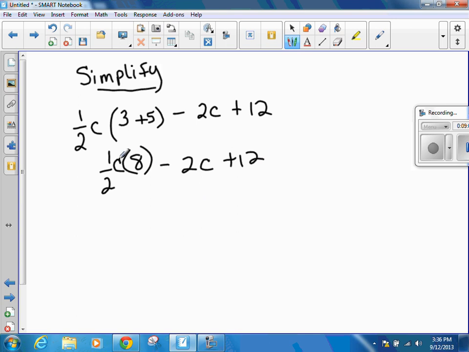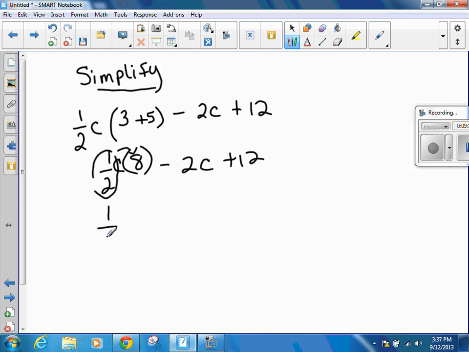I'm using my parentheses here to indicate multiplication. I can't simplify the 8 inside the parentheses. Some of you guys might have been getting confused earlier. So I'm really just going to take this 1/2, and I know that when I'm multiplying a 1/2 with a variable times a whole number, I'm just multiplying that 1/2 times my 8, okay?